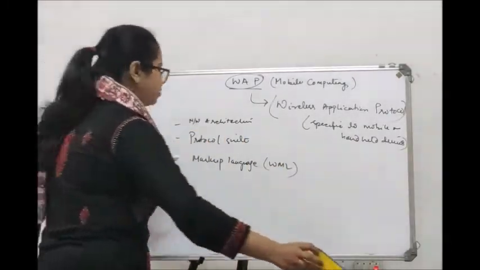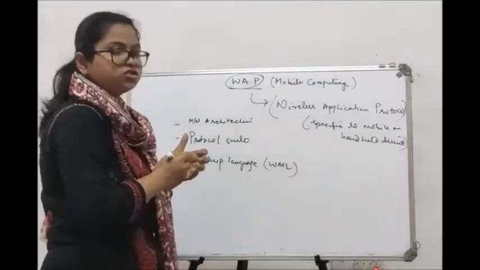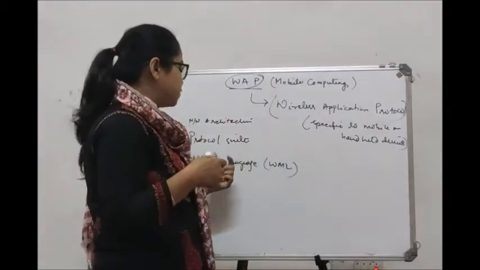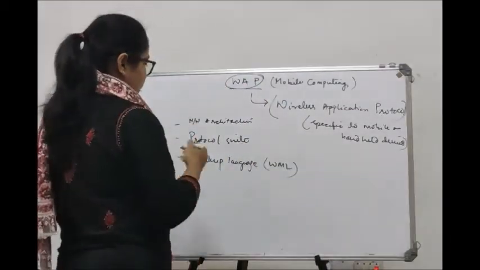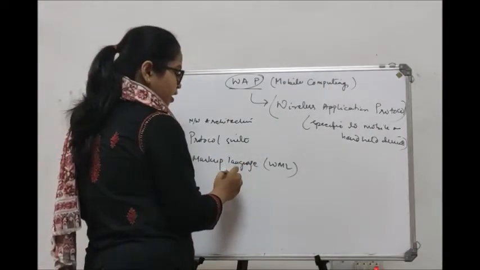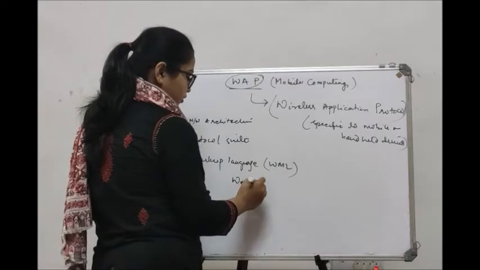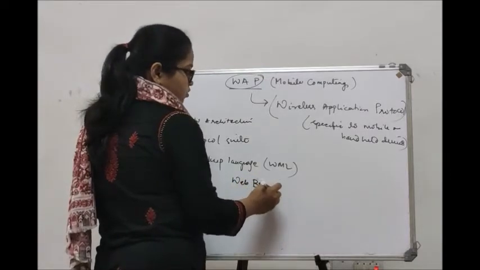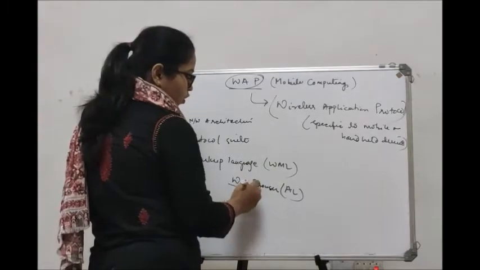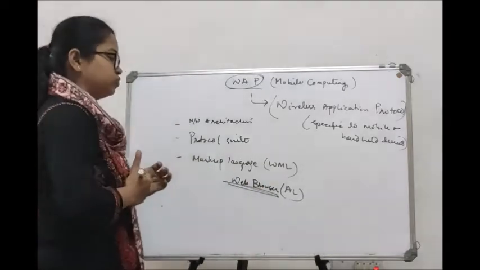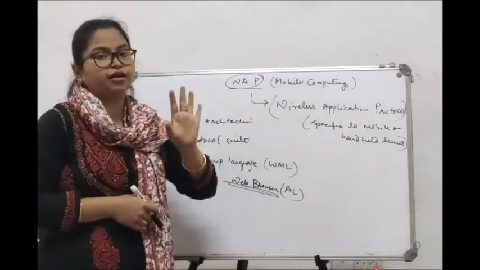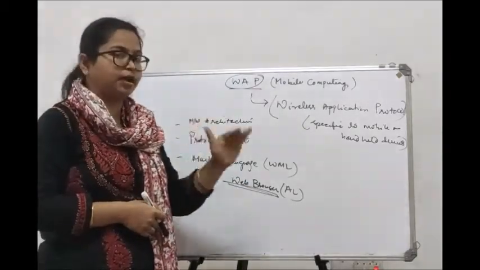Next is the markup language. In what language does the client communicate with the server in the internet? For that we use a language called Wireless Markup Language, and it works through a web browser. In the application layer, to communicate through client-server architecture, we always need a web browser. Without a web browser, you cannot write WML and the traffic cannot be sent on the internet, because the internet has a language called markup language.